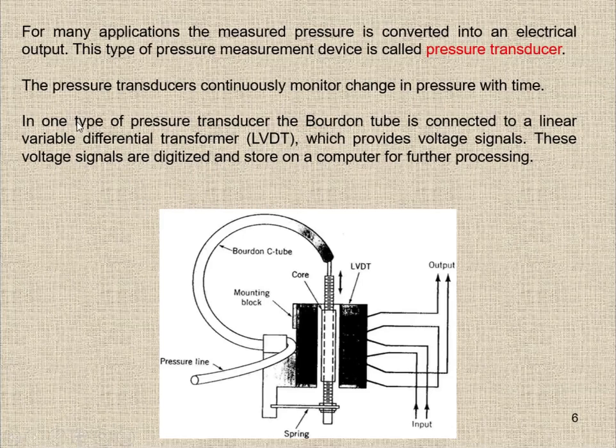Okay, so the pressure transducers continuously monitor change in pressure with time. In one type of pressure transducer, the Bourdon tube is connected to a linear variable differential transformer, which provides voltage signals. These voltage signals are digitalized and stored on a computer for further processing.